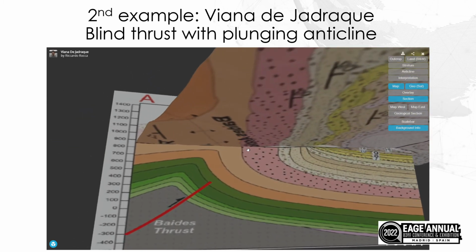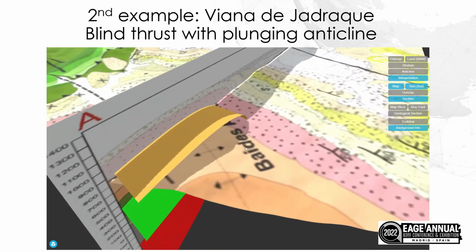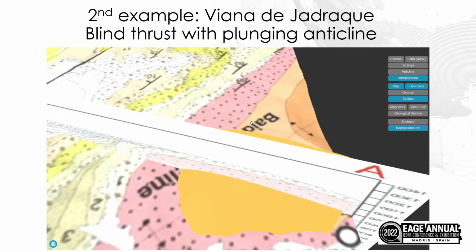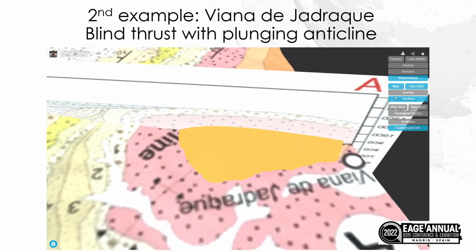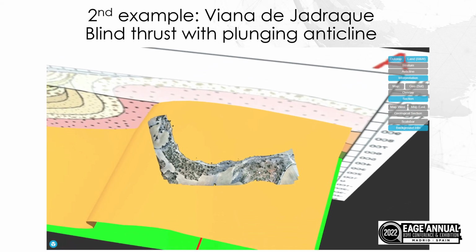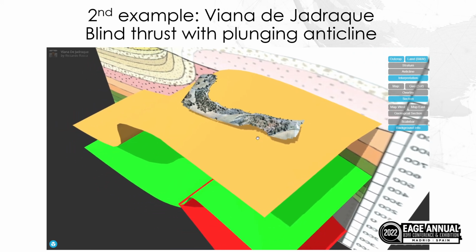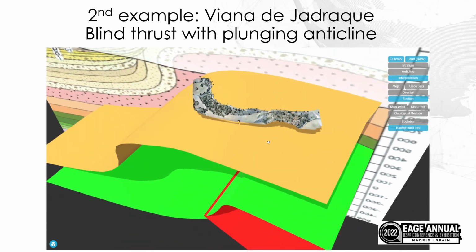And now if we extrude this interpretation with a couple of surfaces in order to give a third dimension, we see that the shallower layer has this shape of an anticline with the axis dipping, consistent with the interpretation that we did in the beginning with our outcrop. And so now we see the outcrop again, but this time included in a complete geological interpretation that gives us a much better idea of the geological structure associated with this outcrop.